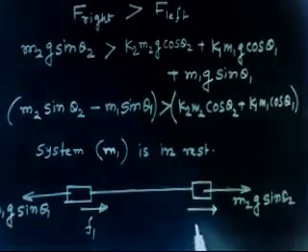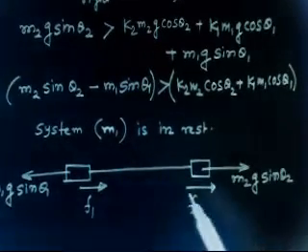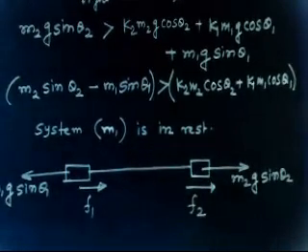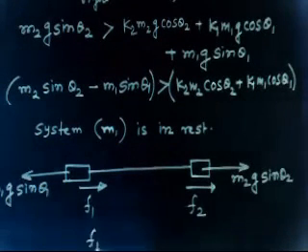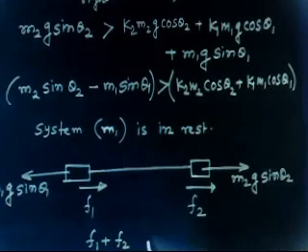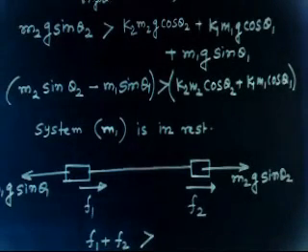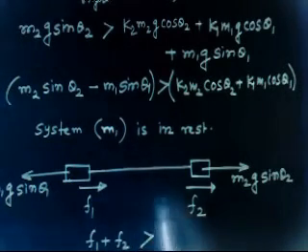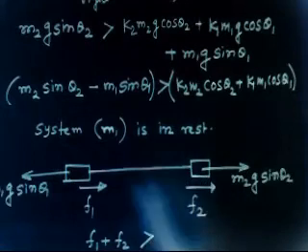So there is a friction force F1 and a friction force F2, both acting in this direction. I do not want the system to move in this direction. This means friction forces F1 plus F2 should be greater than the force, because this is the friction force that will make the system not move in this direction.